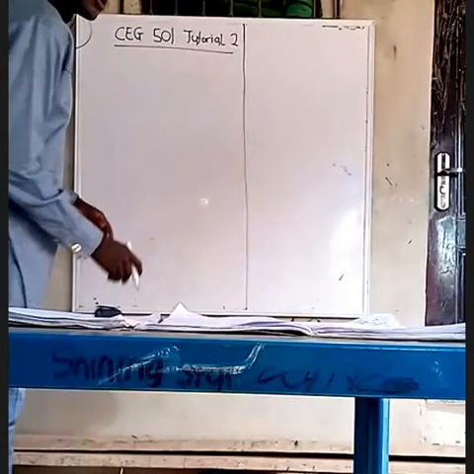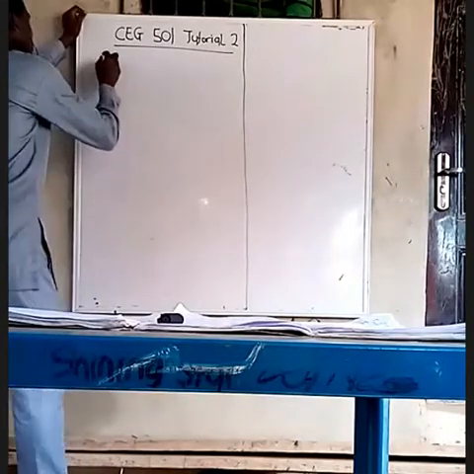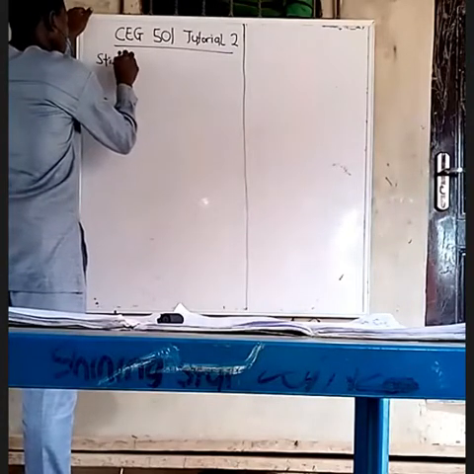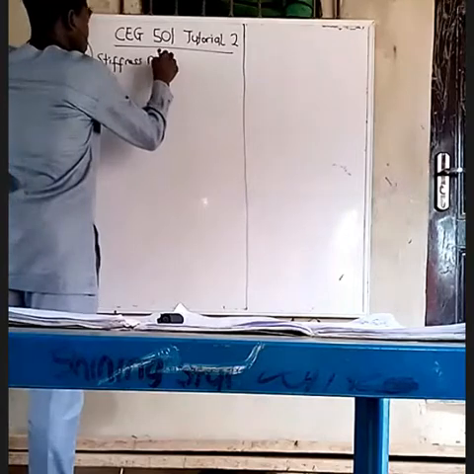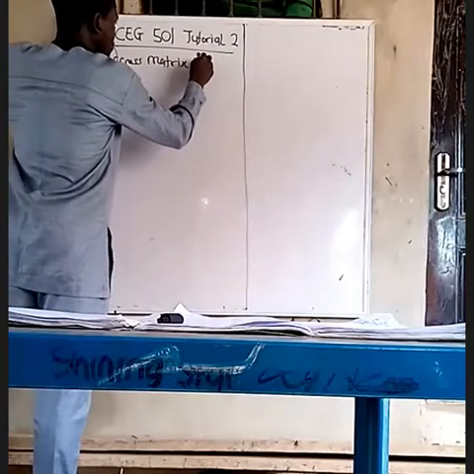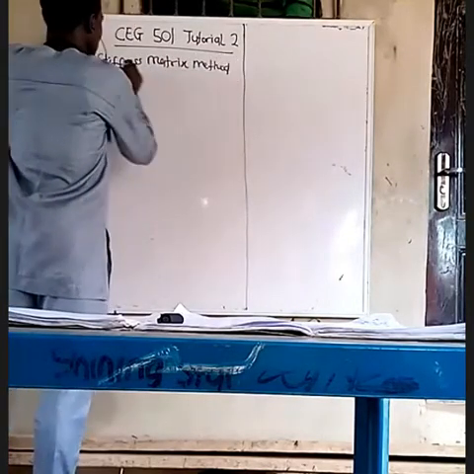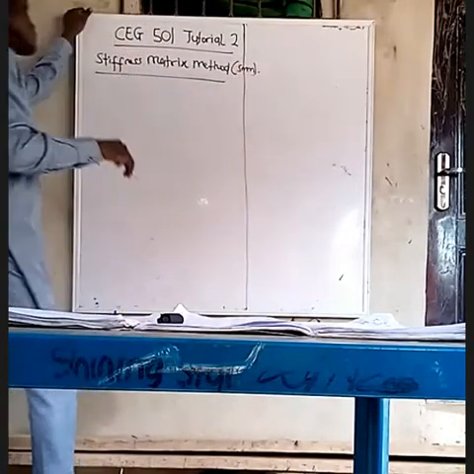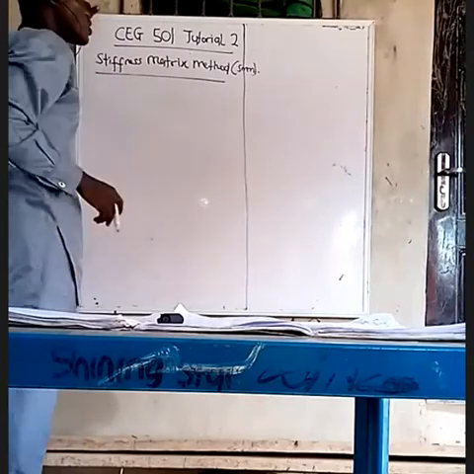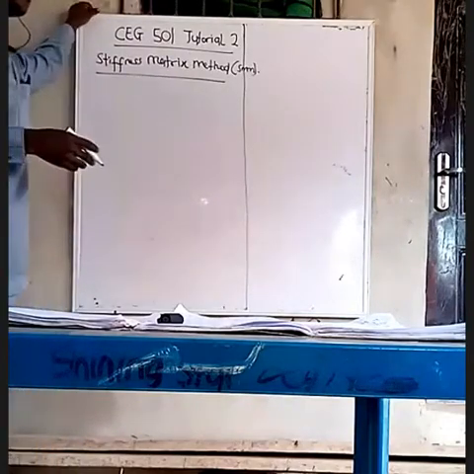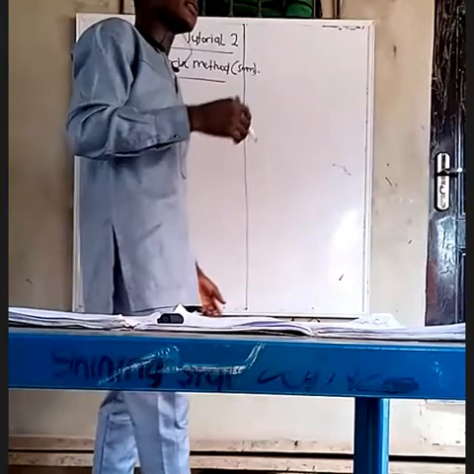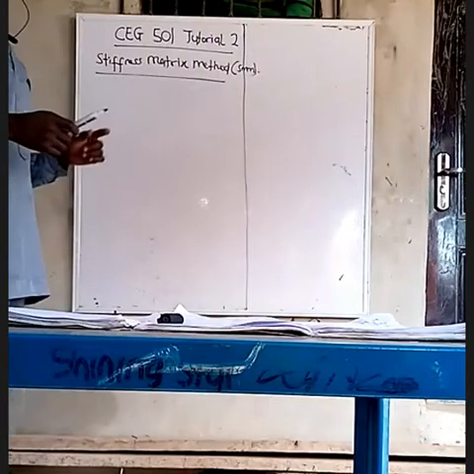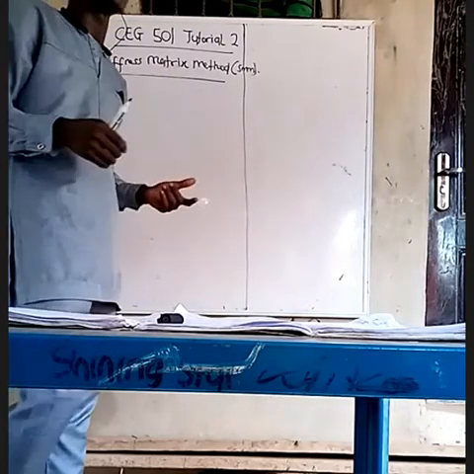I did a little introduction of stiffness matrix method last week. The stiffness matrix method, also known as SMM, is a displacement method, while the flexibility matrix method is a force method.